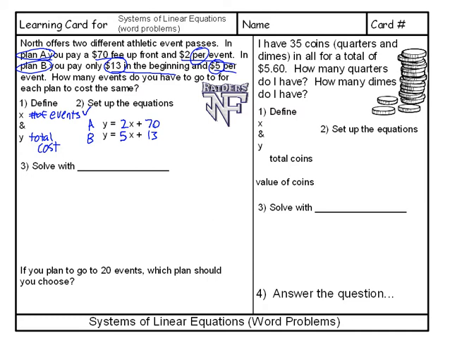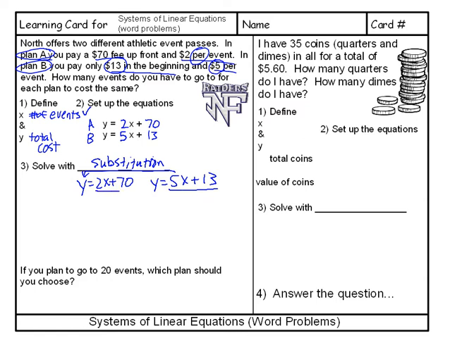Let's see how this works. We're going to solve this using substitution of linear equations. Y equals 2x plus 70, and y equals 5x plus 13. I'm going to take the 5x plus 13 and put it in place of the y over here.